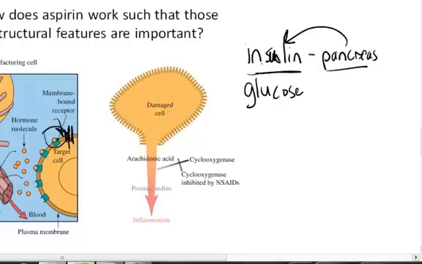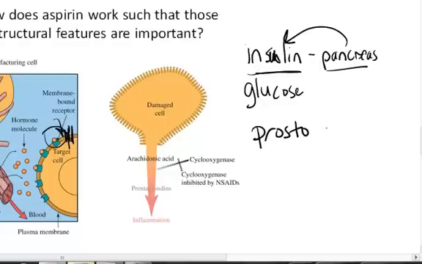Now, we're really interested today, however, in general how aspirin works and other analgesics of the same class. And they work in a chemical messaging system, but it's slightly different. What happens with the aspirin is it interferes with the production of prostaglandins.